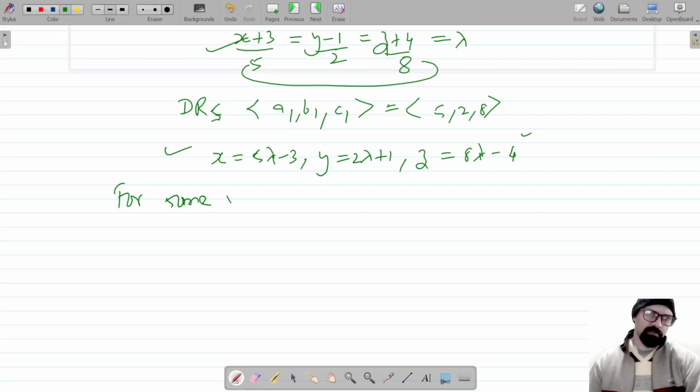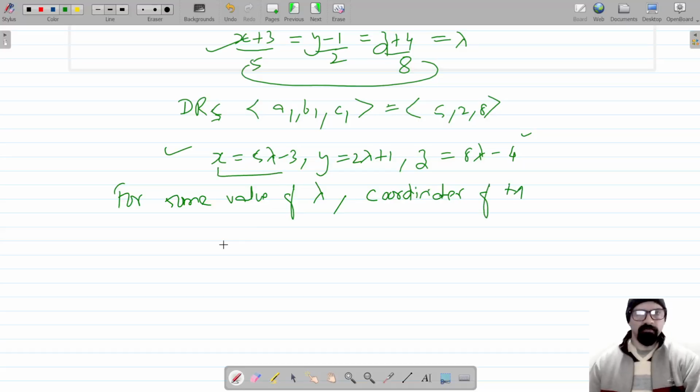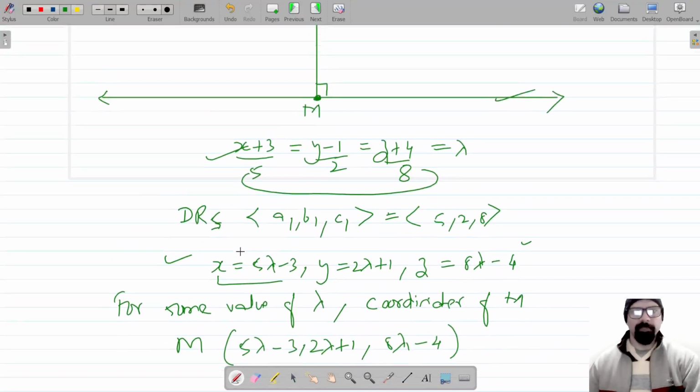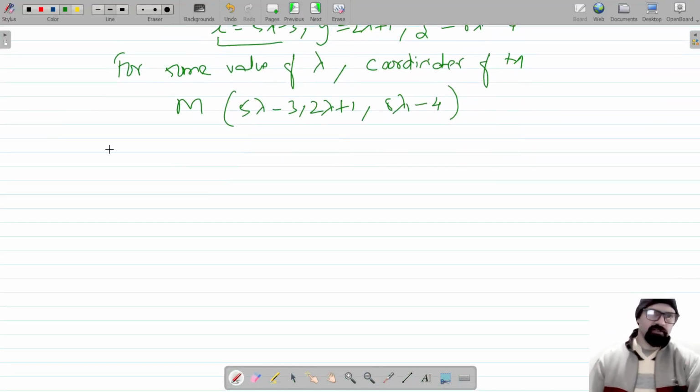Let this be the coordinates of M, so M is (5 lambda minus 3, 2 lambda plus 1, 8 lambda minus 4).